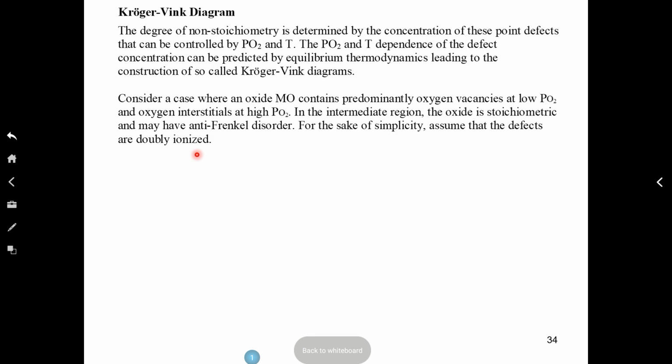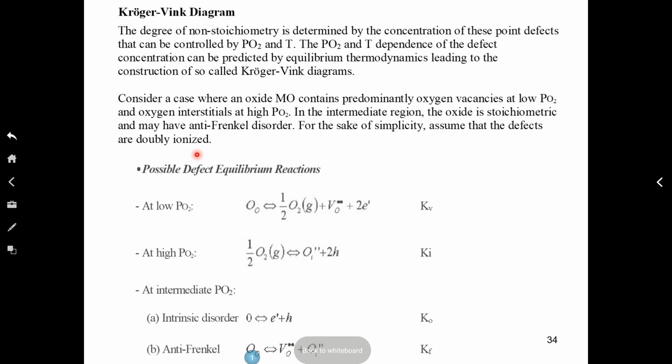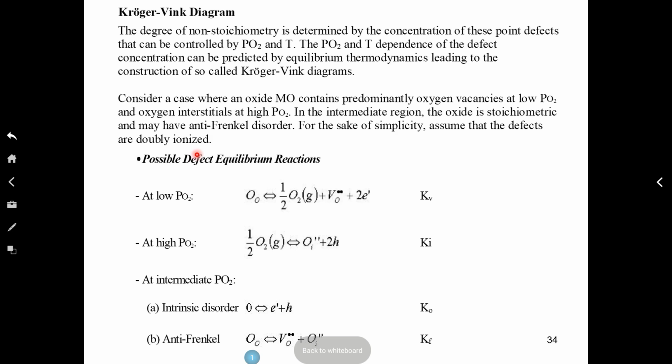So this is why, to simplify the problem, we assume that the defects are doubly ionized. Forget about neutral vacancies and singly ionized ones. We go through the calculation, and the first step is writing the defect equilibrium reactions.